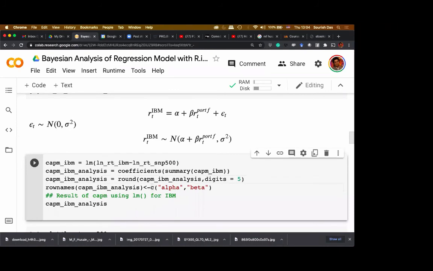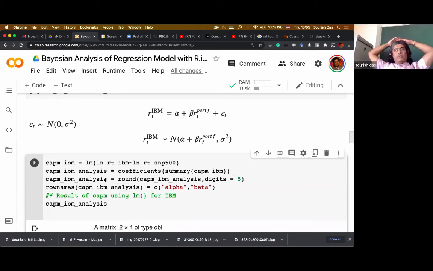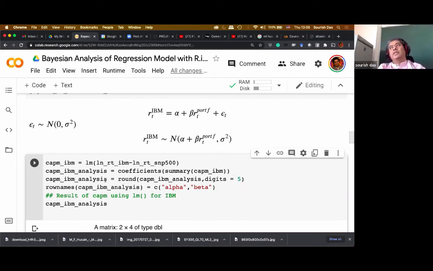Sir, are the tests that we perform, like Fisher tests and all, the same for both Bayesian and frequentist? No. Fisher's is mostly the frequentist test. Oh, okay. So we have different Bayesian tests. Testing of hypothesis in Bayesian is a very different ball game altogether.